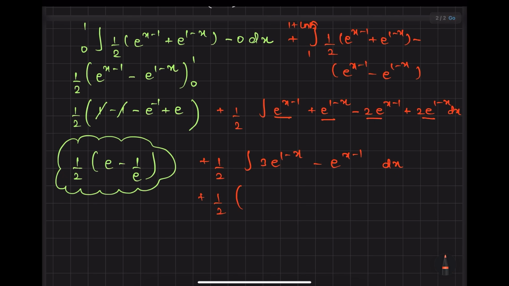Look at this. So this integration will become minus of 3 e power 1 minus x minus e power x minus 1, not plus, it is minus. Now lower limit is 1, upper limit is 1 plus ln root 3.